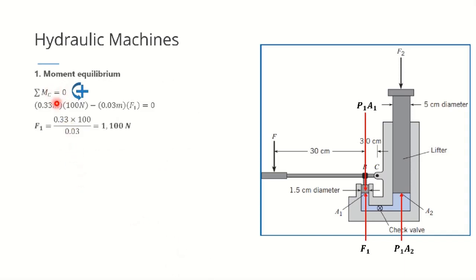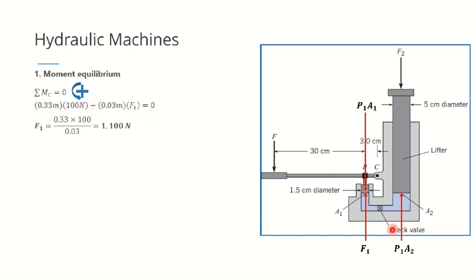Okay, so let's choose hinge or C as our moment arm. So yung moment sa C, since stationary yan, hindi gumagalaw, is 0. So let's denote counterclockwise direction as positive. So substitute na natin. We have here force F multiplied by the distance from the moment arm, which is 30 cm plus 3 cm or 0.33 meter.